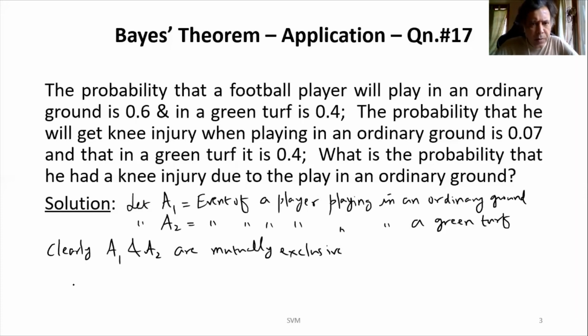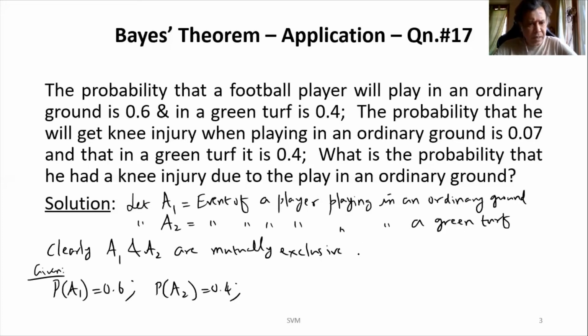Then we have also been given the probabilities. Probability of A1 is known to be 0.6. Probability of A2 is known to be 0.4. If I add these two, that works out to 1. That means these are the only two events, mutually exclusive and exhaustive. So I can conclude those two events are exhaustive also.